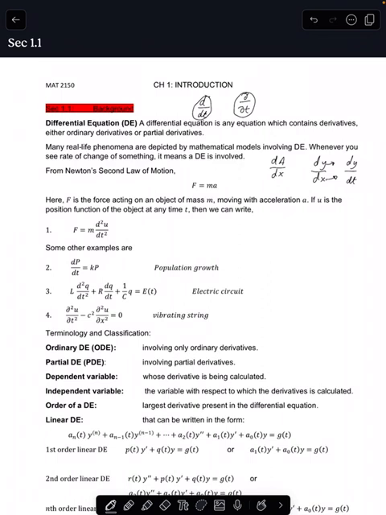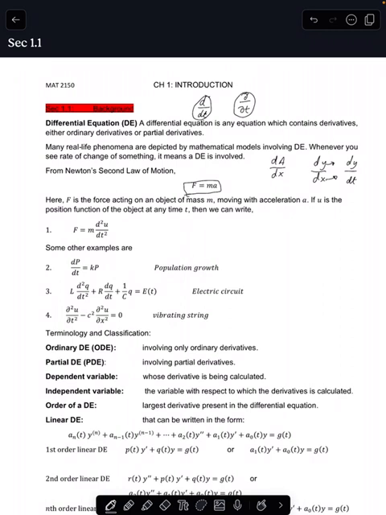So here are some examples of these equations in real life. We know from Newton's second law of motion, F is equal to ma. It means the force acting on an object which has a mass m, if the body is moving at an acceleration a, then the force is equal to the mass times the acceleration. Now how do we represent an acceleration?